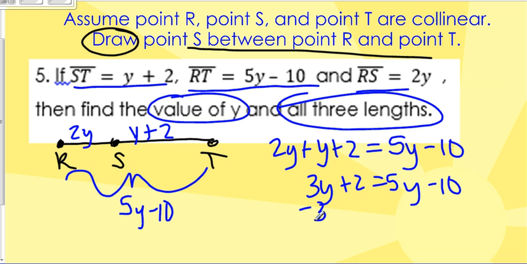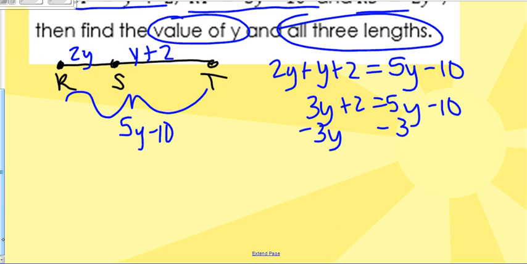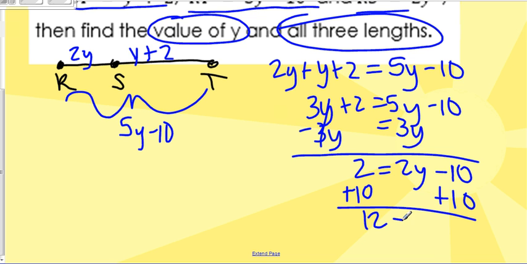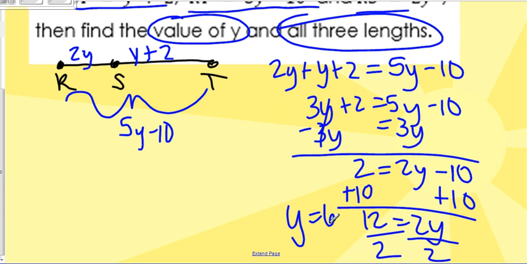Subtract 3Y from both sides. And we get 2 equals 2Y minus 10. Add 10 to both sides. We get 12 equals 2Y, divide by 2. So Y equals 6.